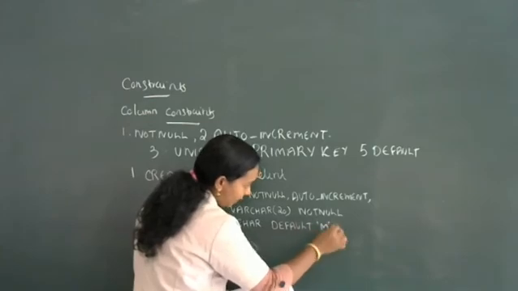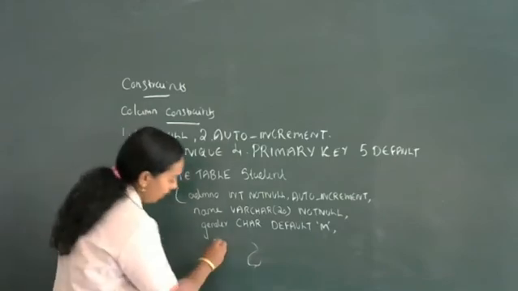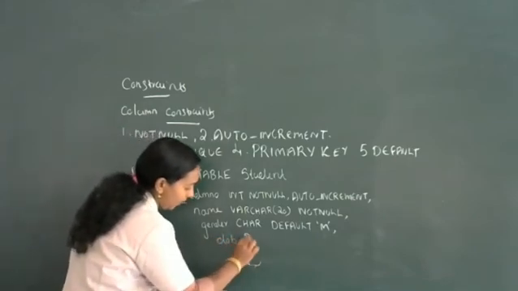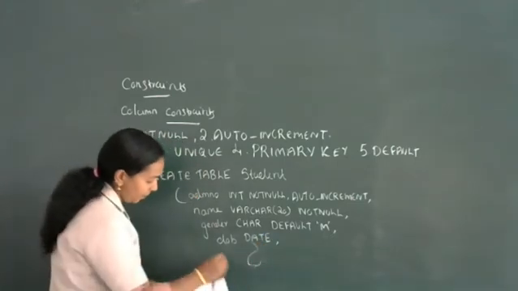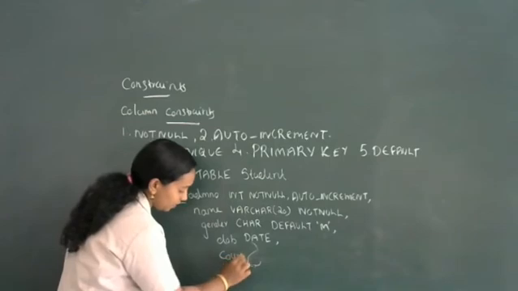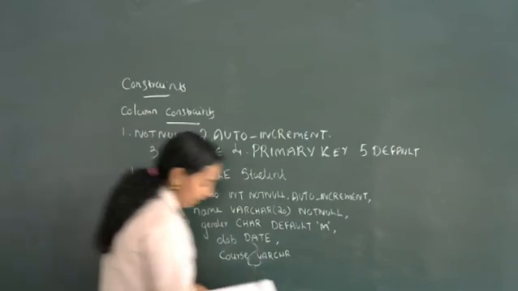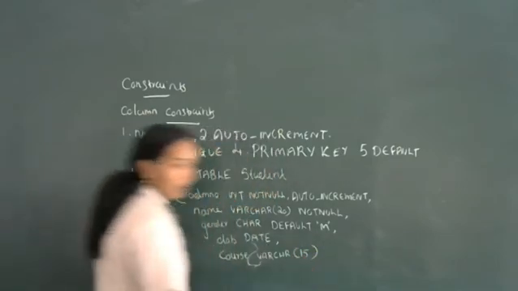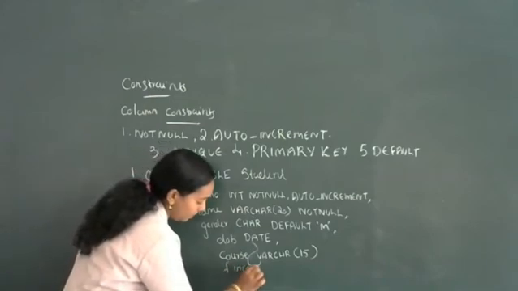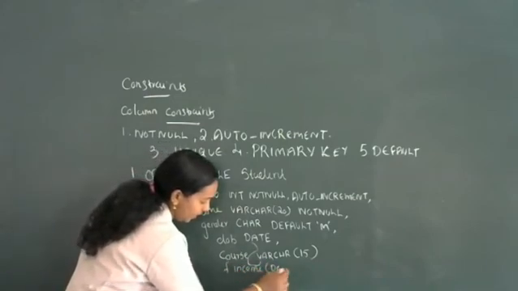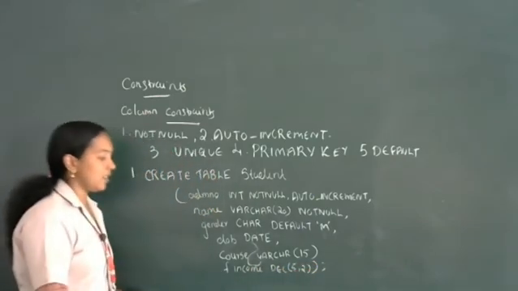M is a character, so that's why I am including it inside single quotes. Then DOB, what is the data type? Date. I am not going to give any constraints here. Course, data type varchar of 15. Then income, DEC 5, 2, close the parenthesis, semicolon.